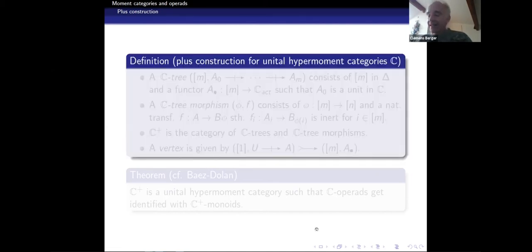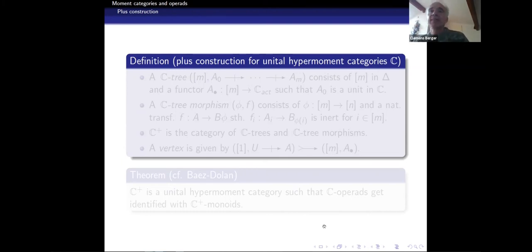And it is actually very interesting that in the setting of moment categories, the plus construction is very easy. You just take the simplicial nerve of your moment category, and then in this simplicial nerve, you take certain simplices only, namely those simplices where all arrows are active and where you begin with a unit of your category.